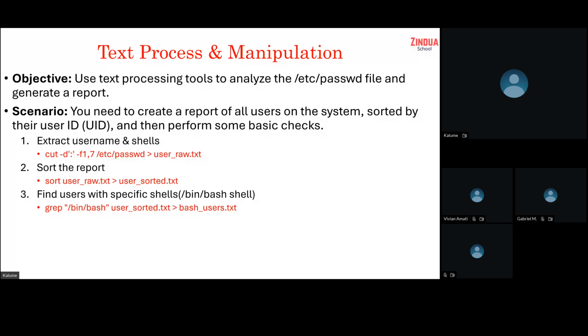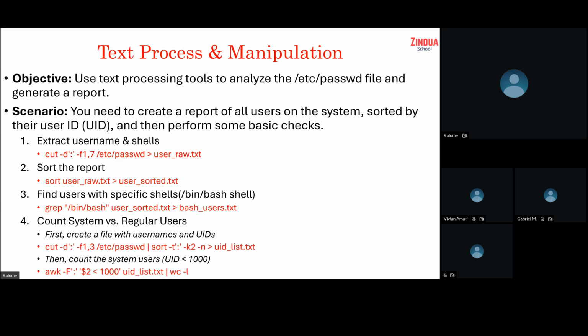So you have two files now. From the second file, user_sorted, you get users whose shell is /bin/bash. So from the file, you grab the /bin/bash shell users, and you put them into a file called bash_users.txt. Then you need to count the users of the system, because you have the regular users and the system users.